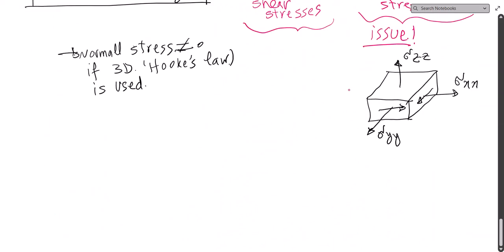So we have to do something with this three-dimensionality, shall we say. In other words, we can say that geometrically and kinematically things are okay, but from the elasticity or kinetics point of view, we get something different because of this stress here.